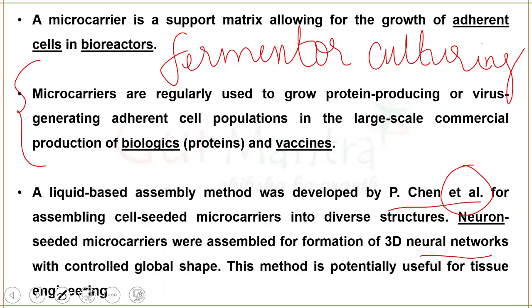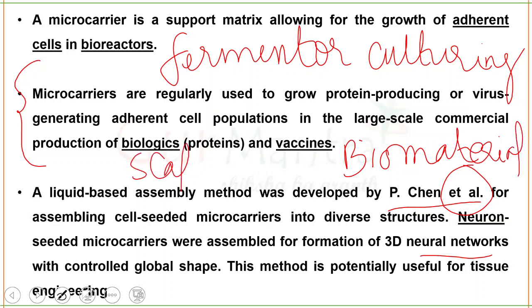This method is potentially useful for tissue engineering. Tissue engineering means growing of tissue. This area of growing cells on microcarriers is called biomaterials, and these materials are called scaffolds, where you can grow your cells.